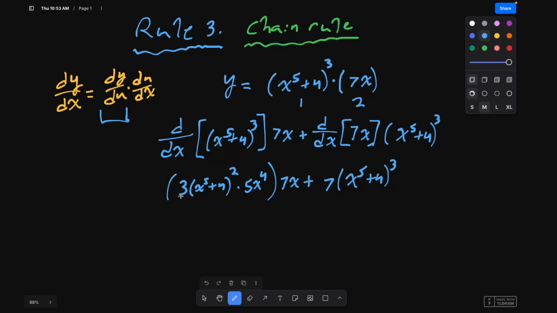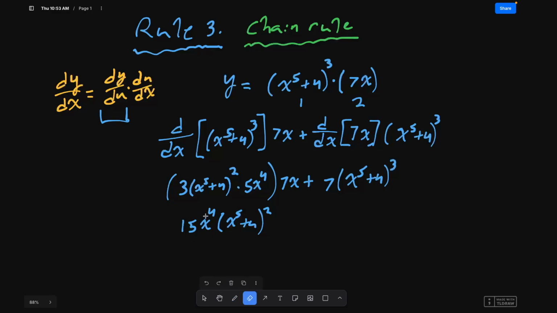Now we can do a little bit of simplification here. We have a 3, and then we have a times 5x to the 4th. So we can write this as 15x to the 4th, still multiplied by x to the 5th plus 4 to the 2nd. And then this is still being multiplied by that 7x. So 7 times 15 is 105, I think.